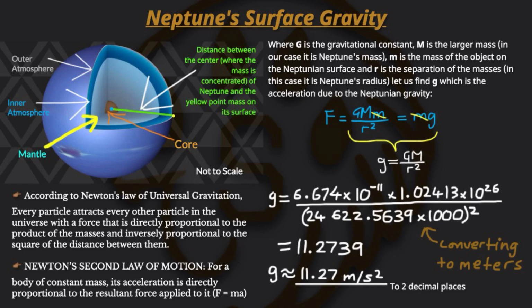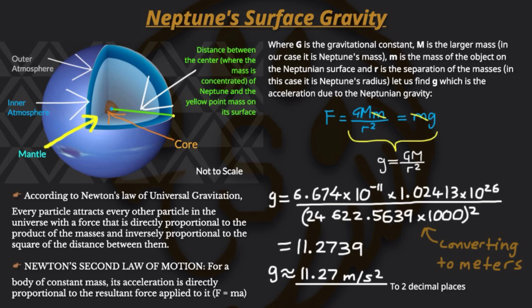And then we have the smaller mass, which is the mass of the object experiencing that force of gravity on the surface of Neptune. As you can see, we have an inner atmosphere and an outer atmosphere. On the first 4 planets close to the Sun, for example on Earth, we step on the crust, which is ground basically. Unless you're on water, you can't stand on water, you drown.